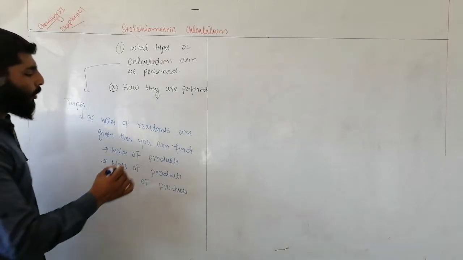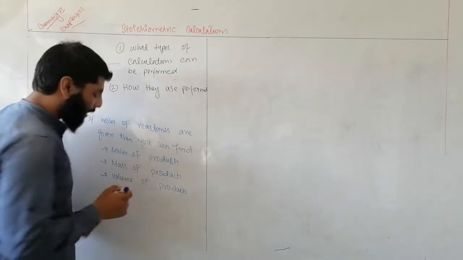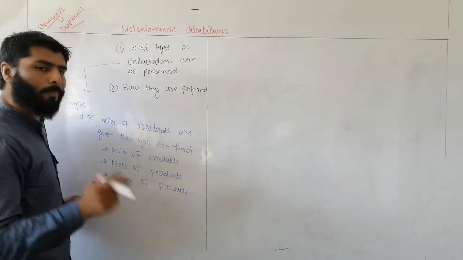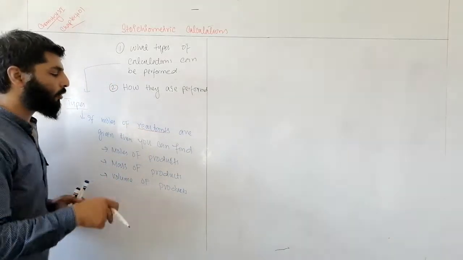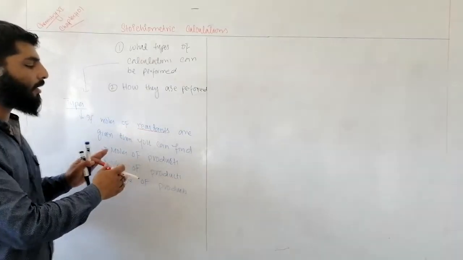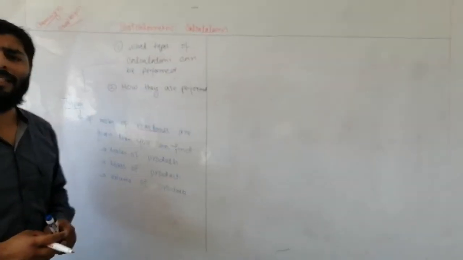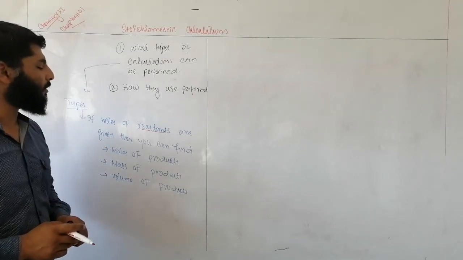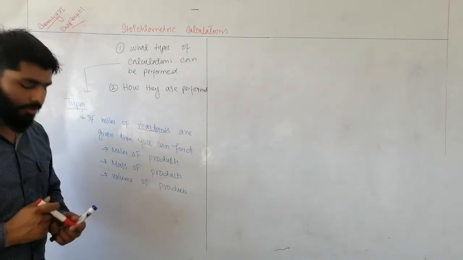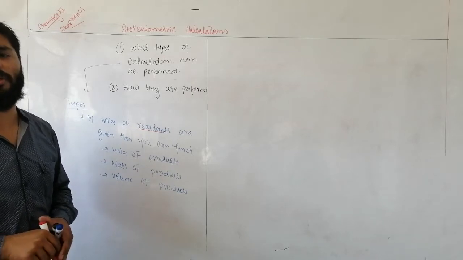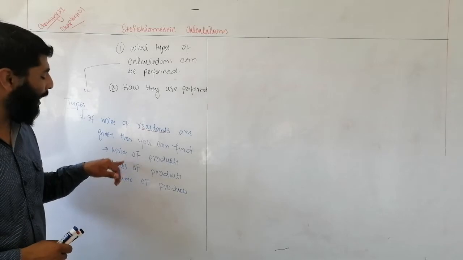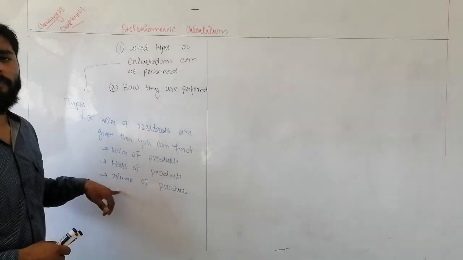Similarly, you can also compare a reactant with reactant or a product with product. So you can perform all these calculations. These are quantitized values. We can say that these are actually the quantitative relationships. You are interested in finding the quantity, the mass, the moles, the volume.